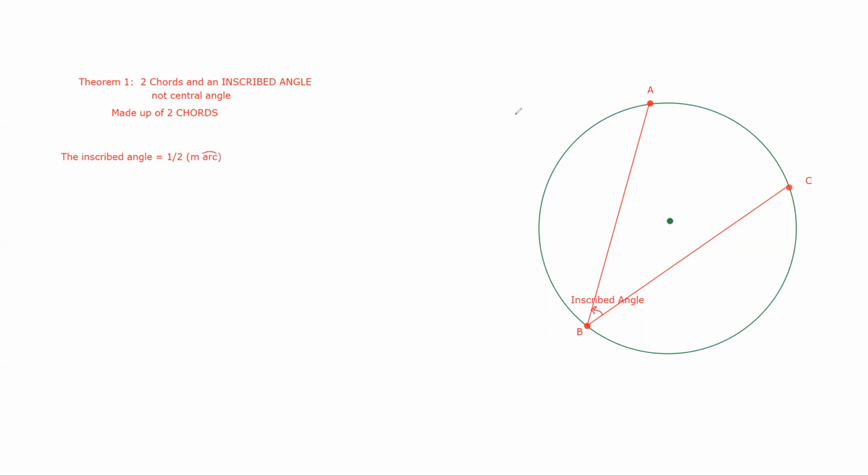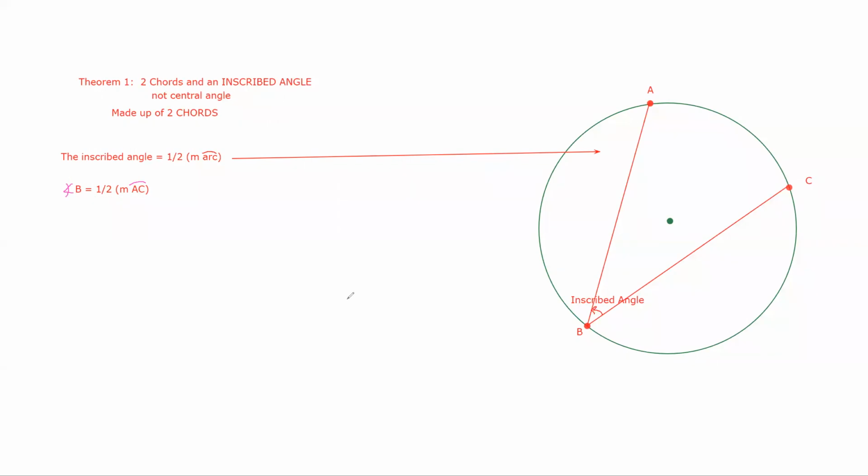So for this situation here, we're going to have angle B equals 1/2 the measure of arc AC.